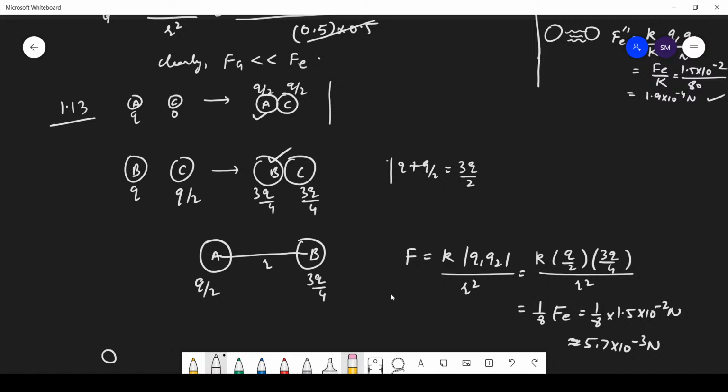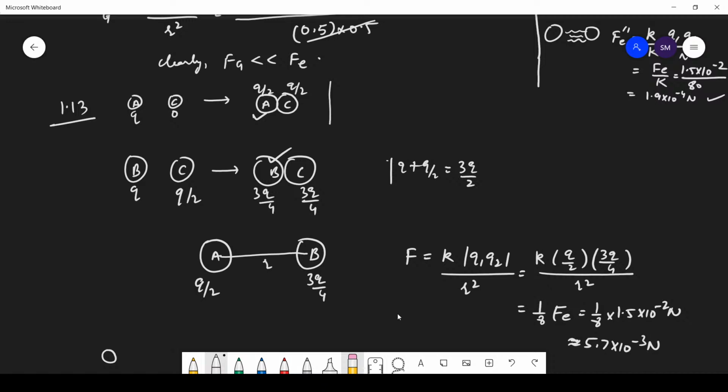So the force of repulsion is reduced by 1 by 8, and it is reduced to 5.7 into 10 to the power minus 3 Newton.